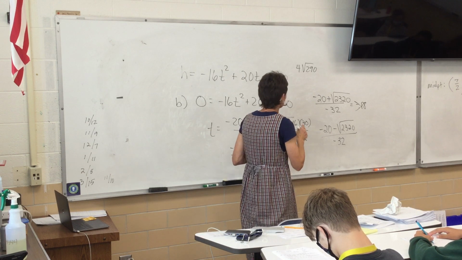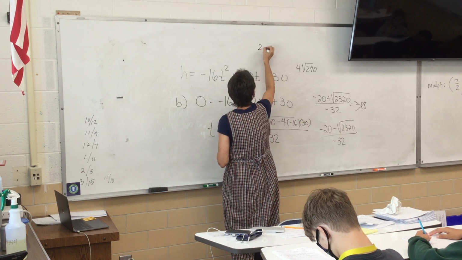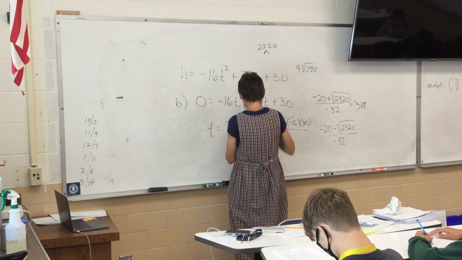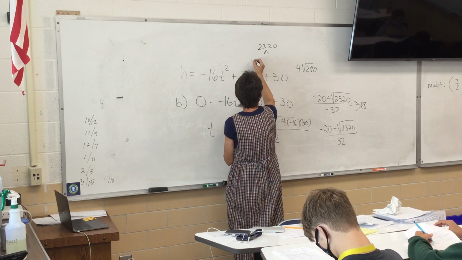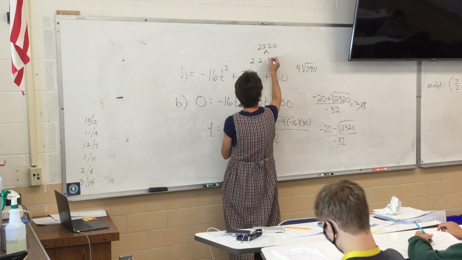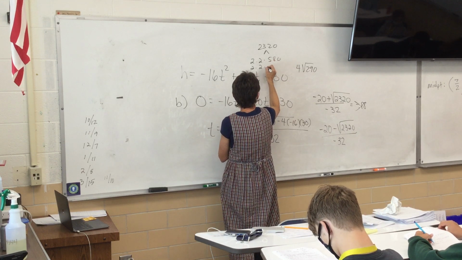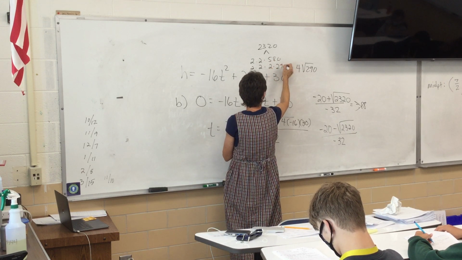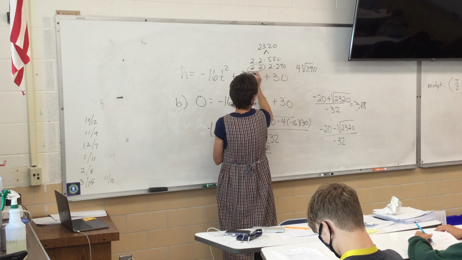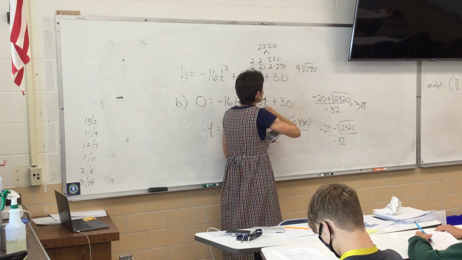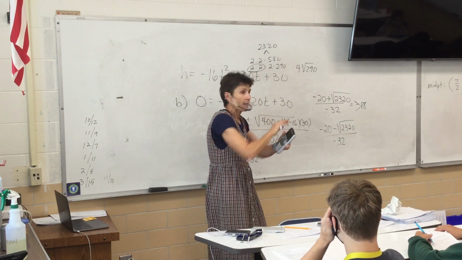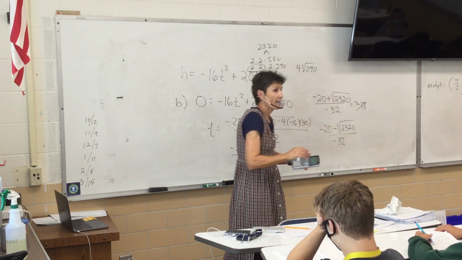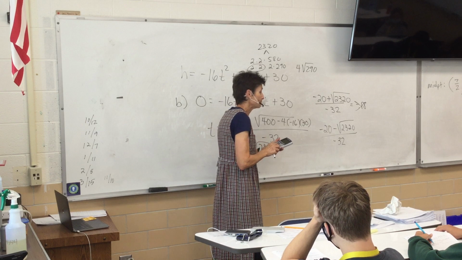Okay, that's not right. So 2320 is 2 times 2 times 580, which is 2 times 2 times 2 times 290. You want to pull out 1, 2. So it should be 2 times the square root of 580. But again, I would not waste my time doing that if I'm going to my calculator.